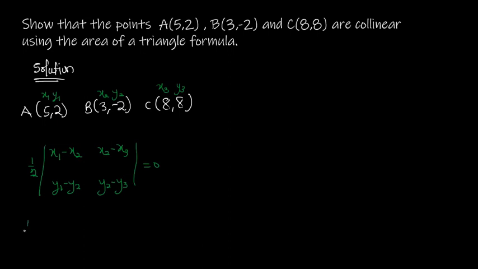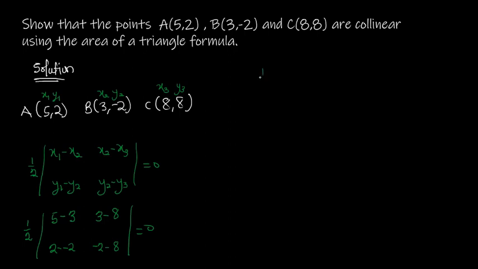So over here I go ahead and do my substitution. So my x1 is 5 minus my x2 is 3, my x2 is 3 minus my x3, which is 8, is equal to my y1 is 2 minus my y2, which is negative 2. Then I have negative 2 as my y2 minus 8 as my y3.